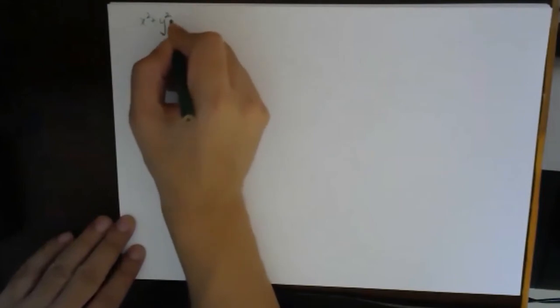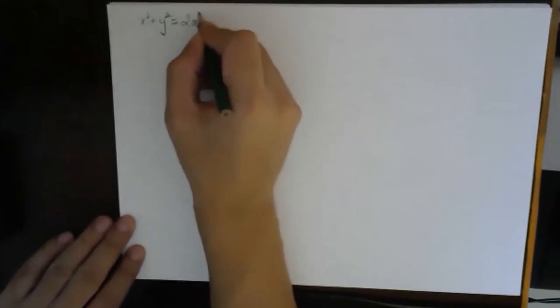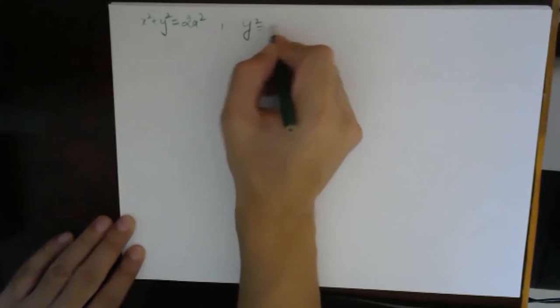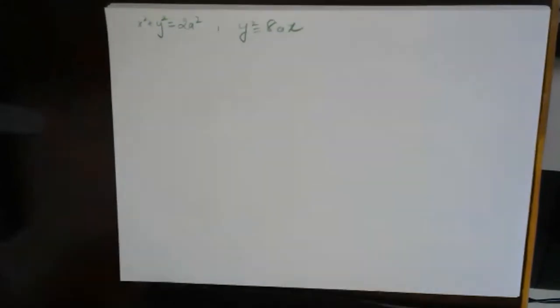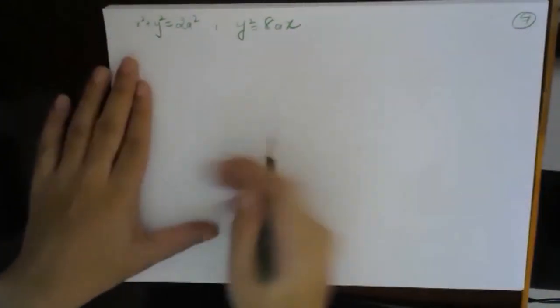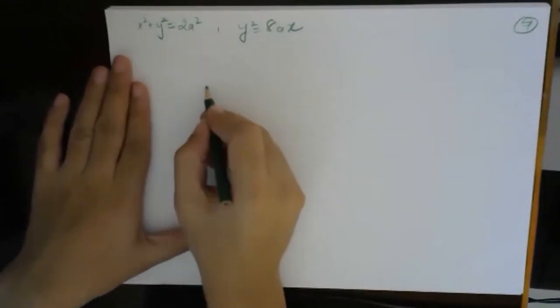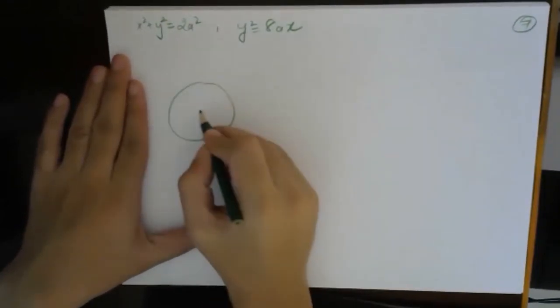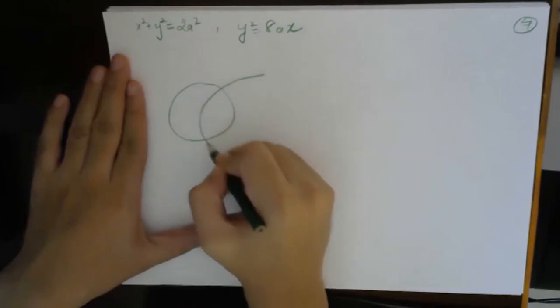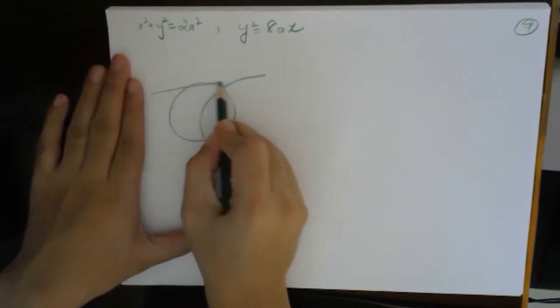I'll write the equations first. Equations are x square plus y square is equals to 2a square, and y square is equals to 8ax. So in the figure we have seen that this is the circle, this is the parabola, and this is the tangent.